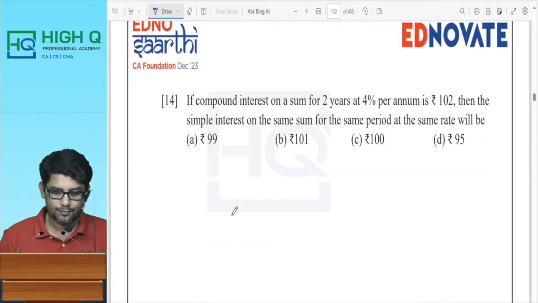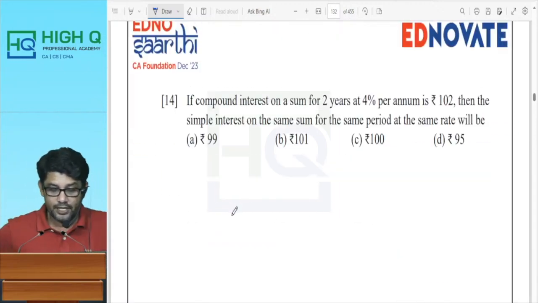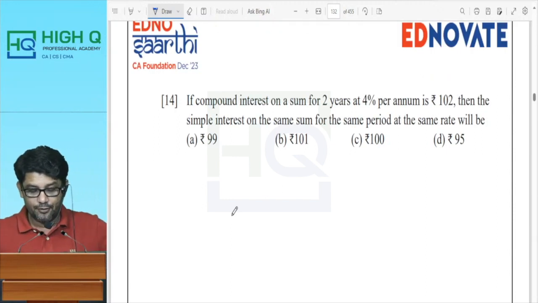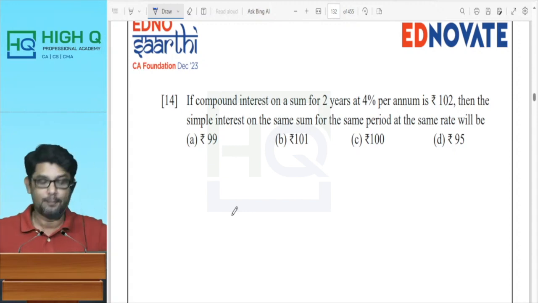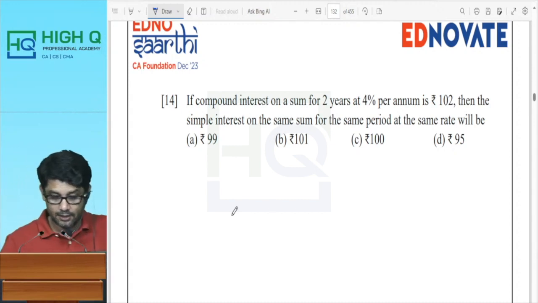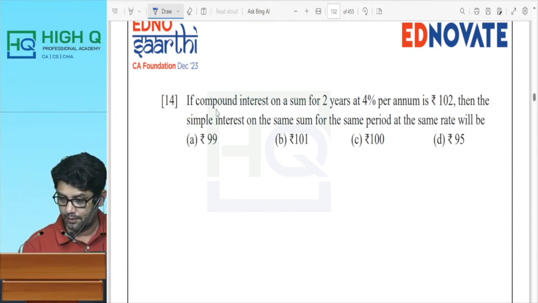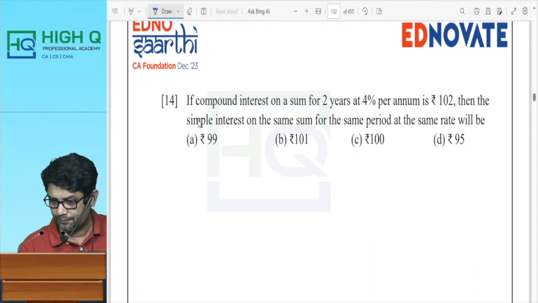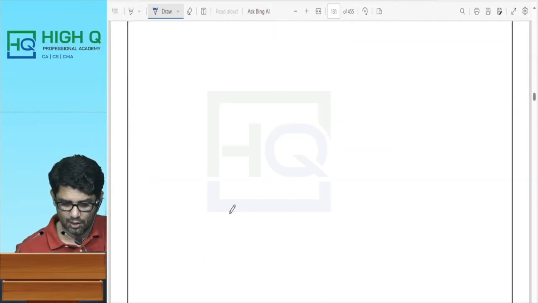Next step. If compound interest on a sum for 2 years at 4% per annum is 102 rupees, then the simple interest on the same sum for the same period at the same rate will be. Listen here. Write shortcut trick on board.